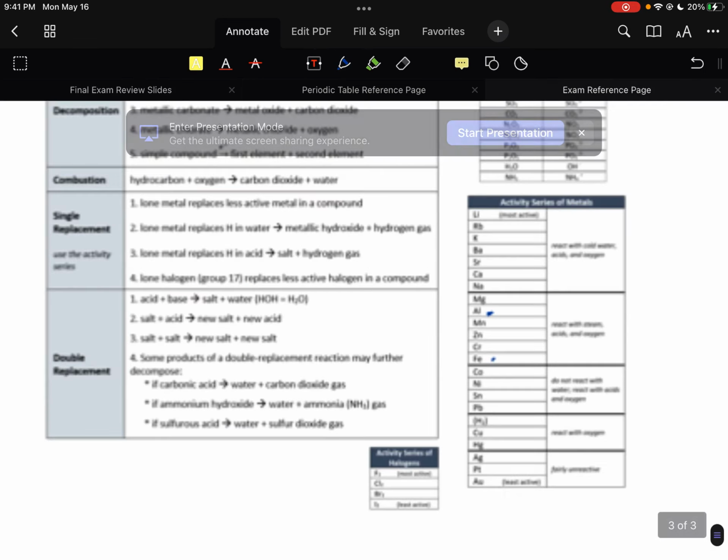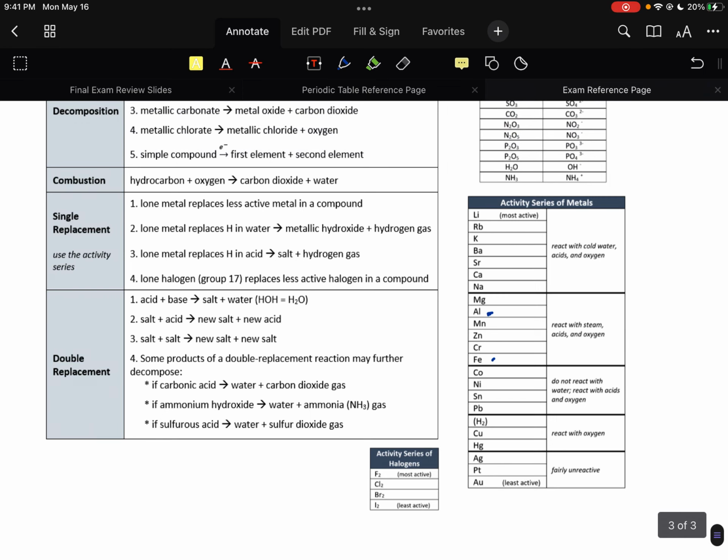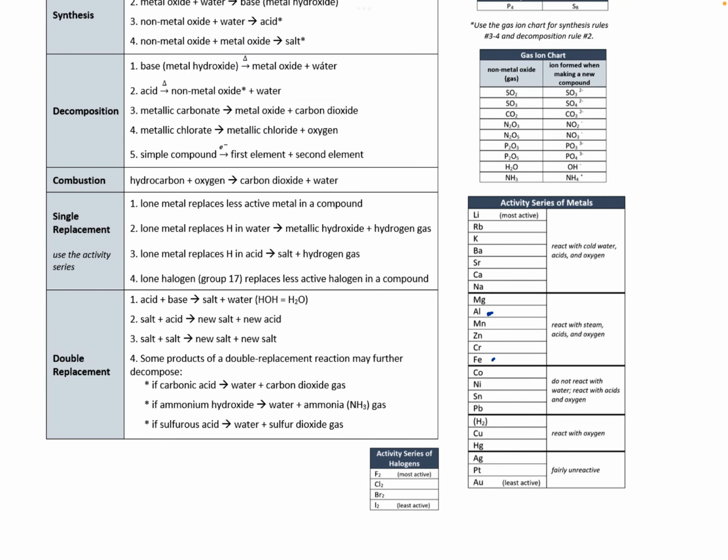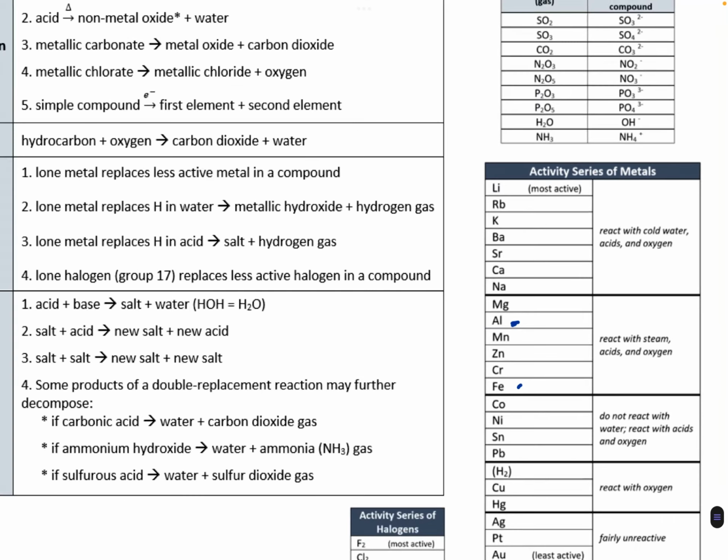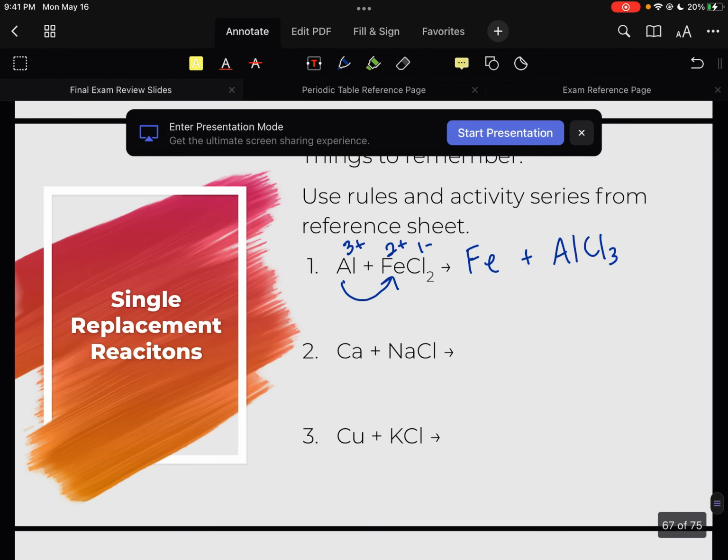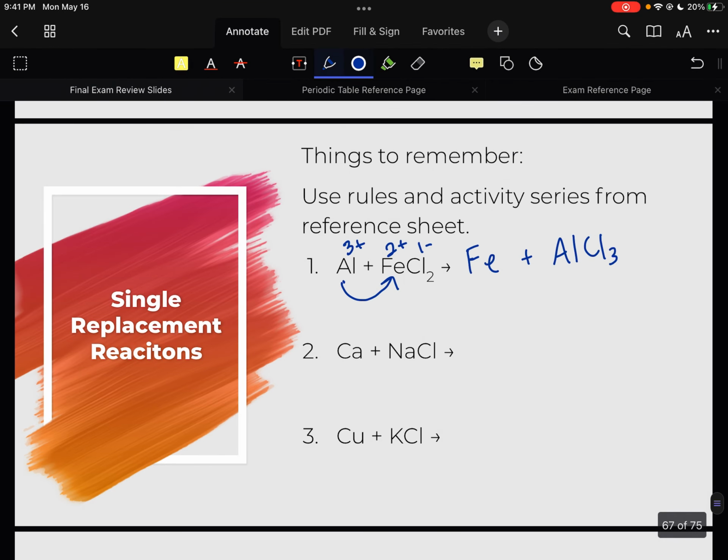Okay, for the next one, calcium and sodium. Calcium is here above sodium, yes. So that means yes, this reaction will take place. So remember calcium, if I just look at my charges, it's going to replace sodium. So now sodium is by itself, and calcium chloride.